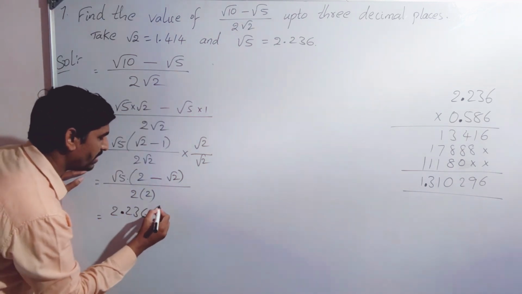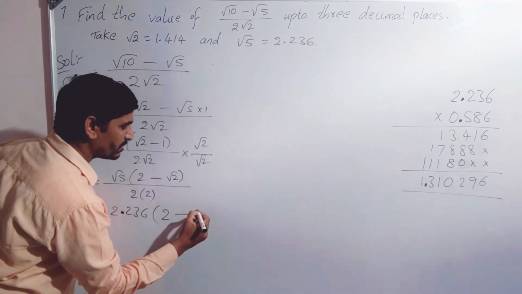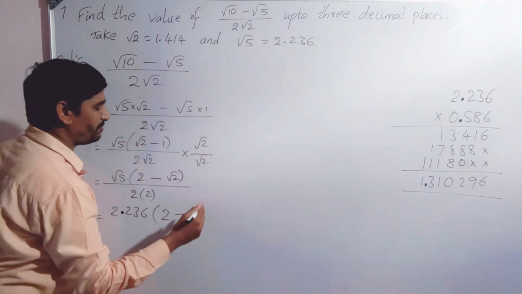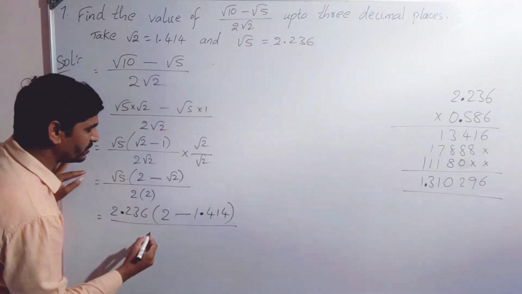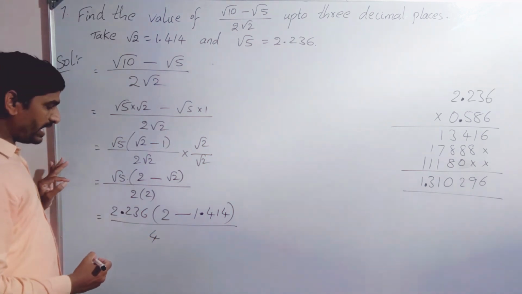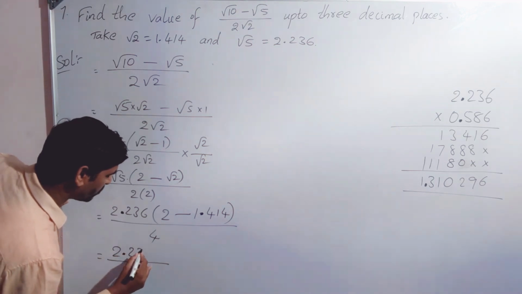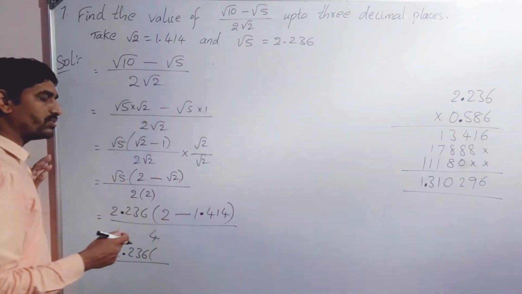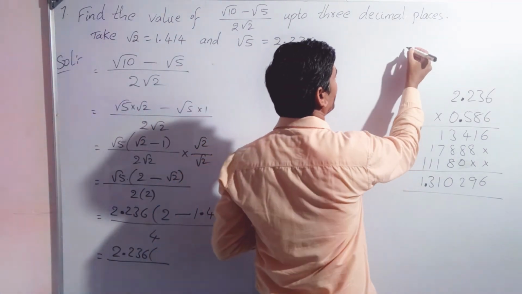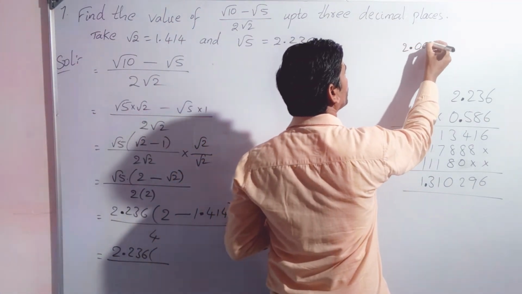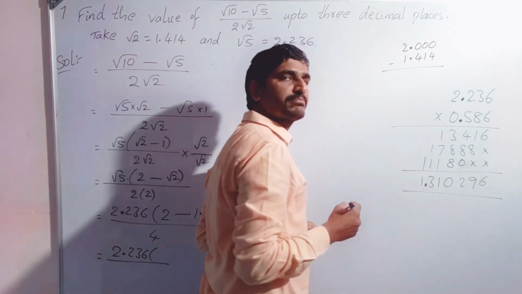2.236 into (2 minus root 2). The root 2 value is given as 1.414. By 2 into 2, 4. Now what is the result here? 2.236 into (2 minus 1.414). 2.000 minus 1.414, subtract it.